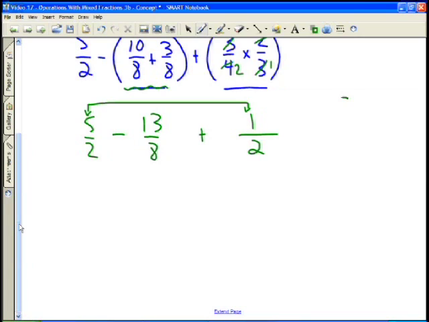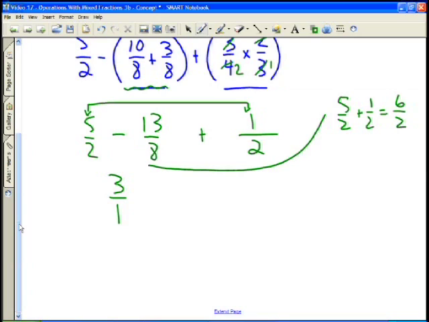So on the side here, 5/2 plus 1/2 is, because they already have a common denominator, going to be 6/2, which is 3/1. So here I'm going to have 3/1, and again, that's combining the 5/2 and the 1/2, minus 13/8.